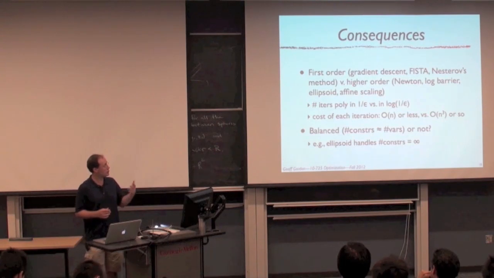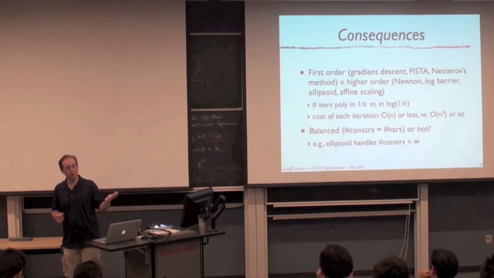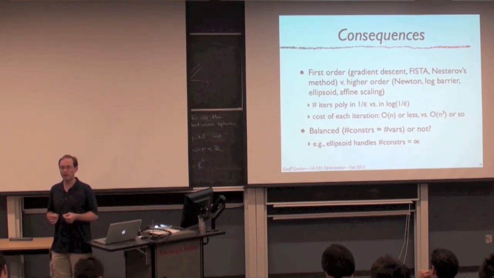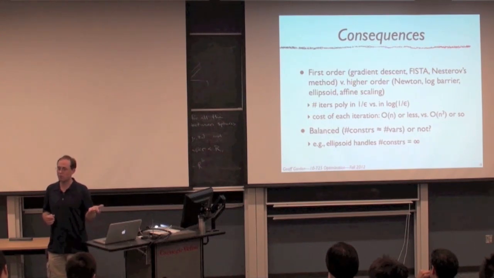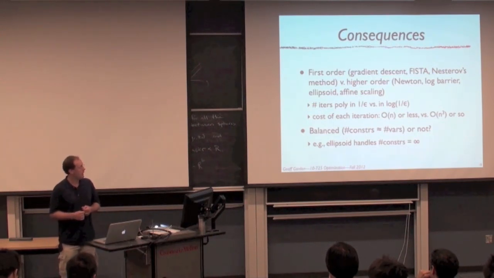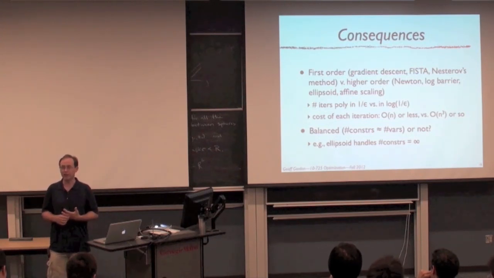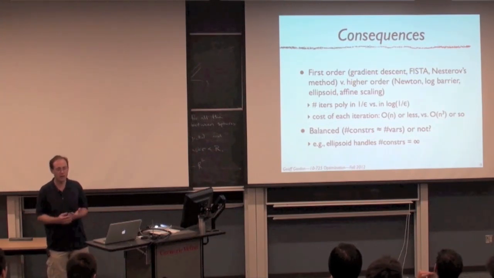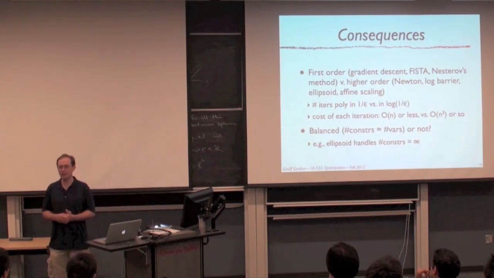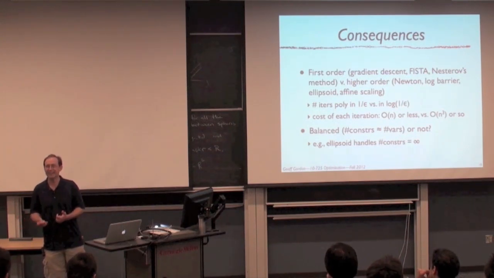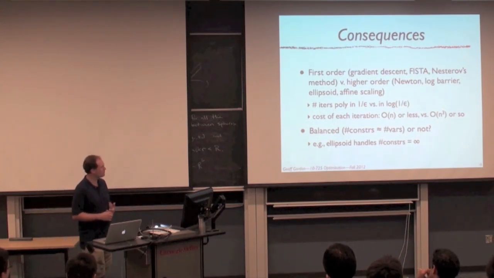Typically, for a first-order algorithm the number of iterations is polynomial in 1 over epsilon, where epsilon is an accuracy requirement parameter. And for a higher-order algorithm, it'll be polynomial in the log of 1 over epsilon. So we could be talking thousands or millions of iterations versus 10. That's a big difference.